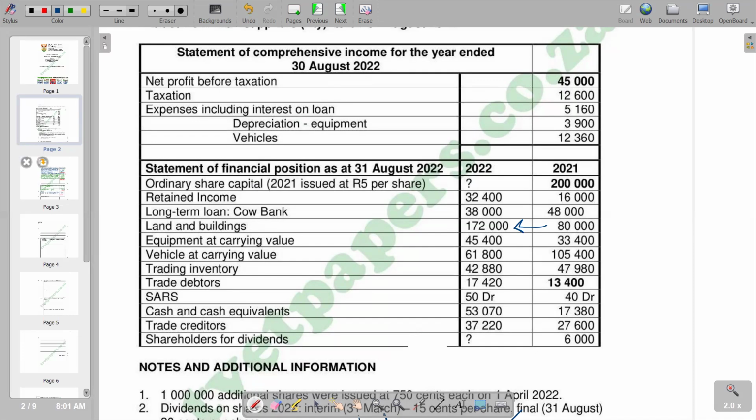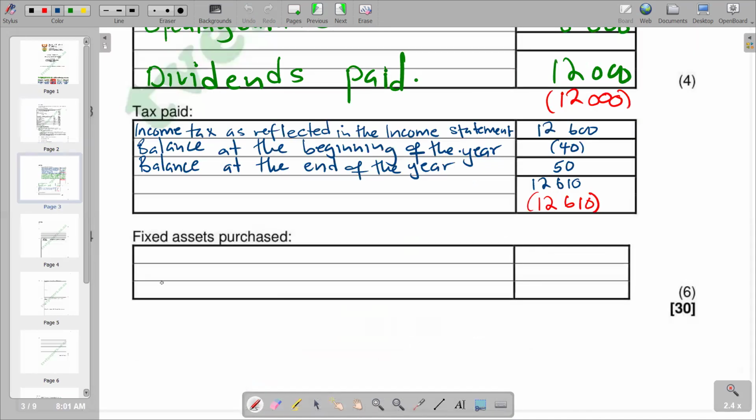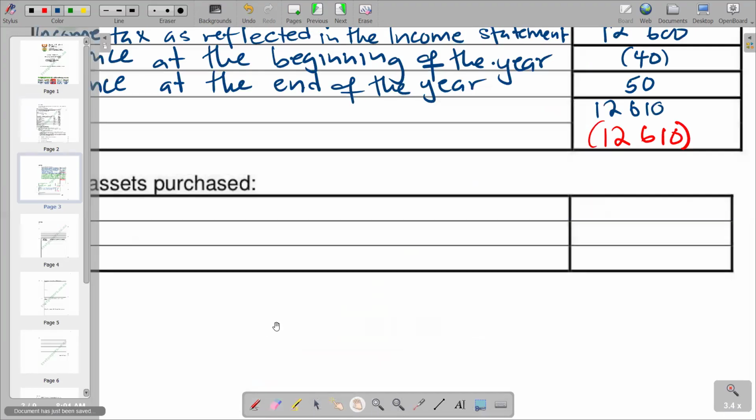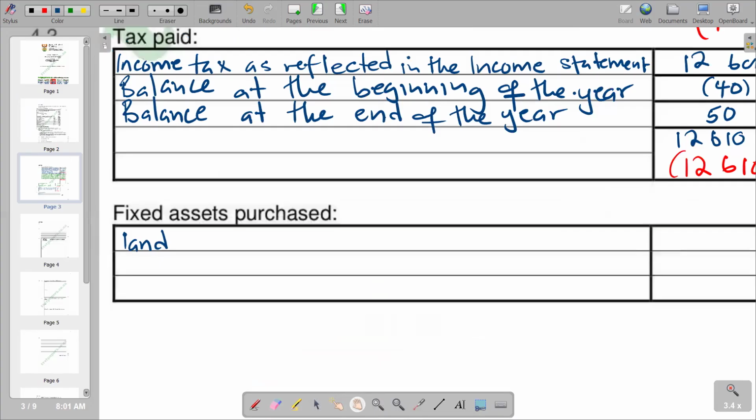In our answer section, we are going to say land and buildings, whereby we show the working by saying 172,000 minus 80,000.